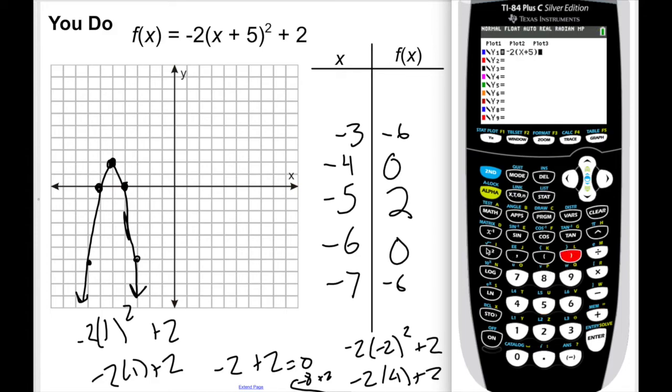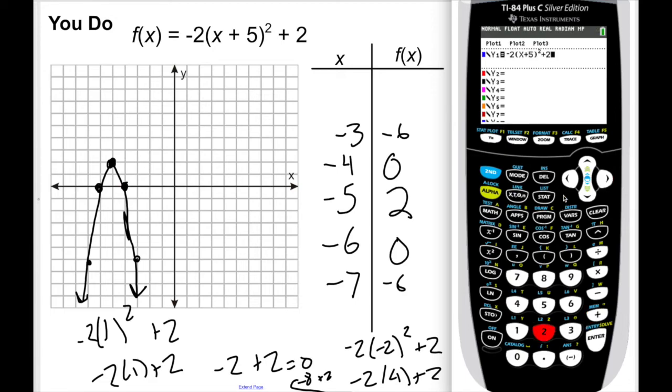To get the squared, you can either click the squared button, or you can click the caret button followed by the exponent. The caret gives you any exponent you want, and the reason they have squared is because squared is a common choice. So it's like a shortcut almost.